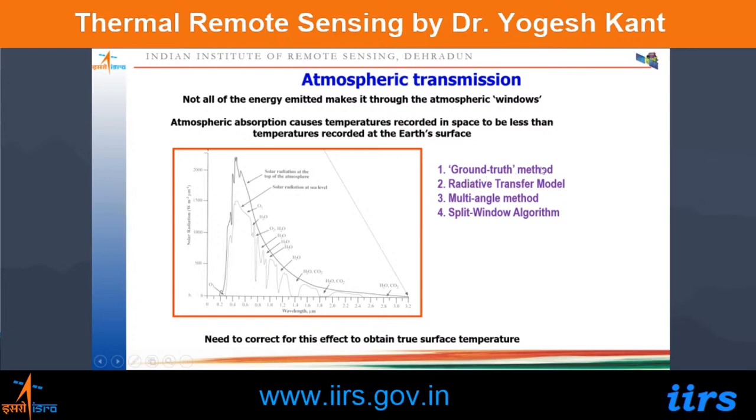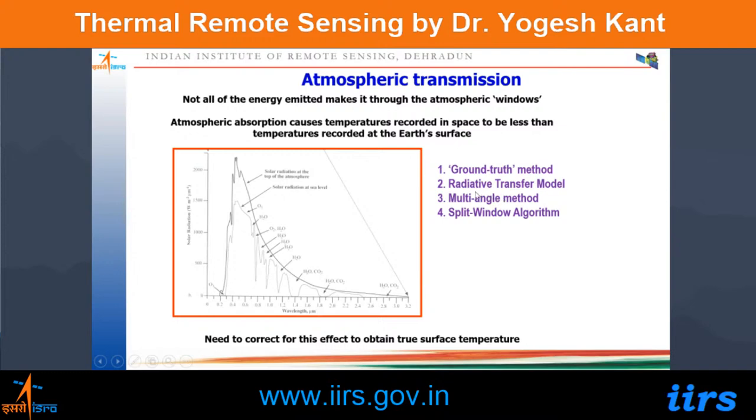What happens is it tries to calibrate the space-based measurement, what the space sensor measures, against the brightness temperature measured at the ground surface. So at the sensor level and at the ground level of different features, it tries to minimize or rectify the atmospheric component.